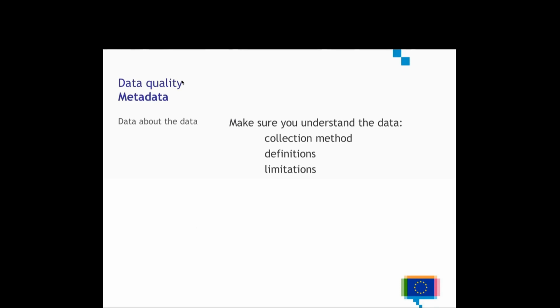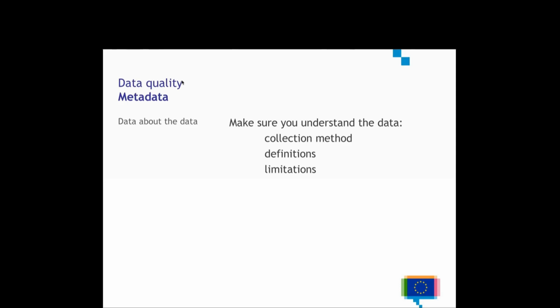So the first guideline I could give you is to take a look at the metadata. Whenever organizations publish data, they usually also publish metadata, data describing properties of the data that is published. And whenever you read the metadata, only then you can get a sense of things like how was this data collected, because data coming from a government database is very different than data collected with an app, for example. So make sure you understand how data was collected. You should also be conscious about the used definitions.